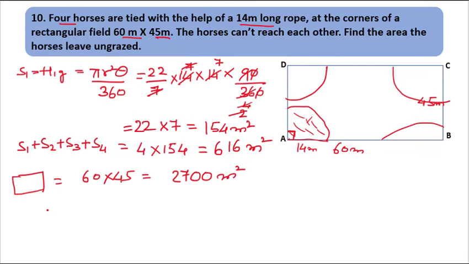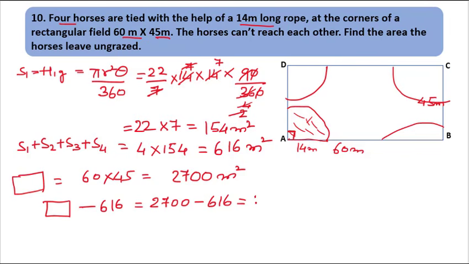Now basically what the question is asking you is to find the area ungrazed. So what is the total area? The total area here is the area of the rectangle, and the grazed area is 616. The 4 horses graze 616 meter square area, right? So what is left ungrazed? That is equal to 2700 minus 616, right?